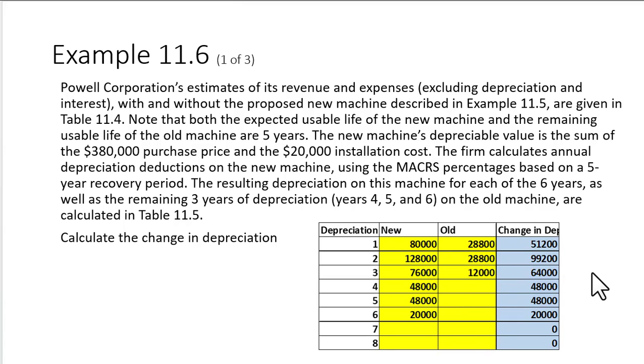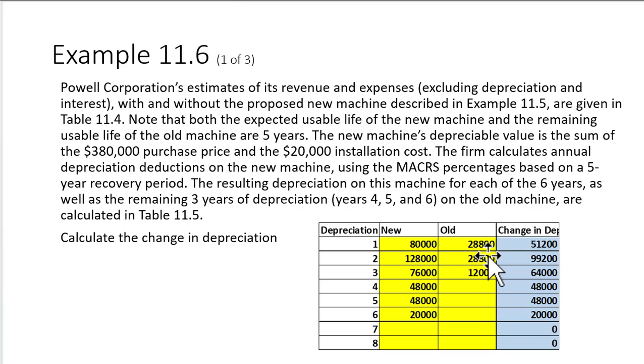Well, we want to know what's going to be different if I do this project. If I don't do the project, next year I'll take a depreciation expense of $28,800. If I do the project, I'm going to take an $80,000 depreciation.